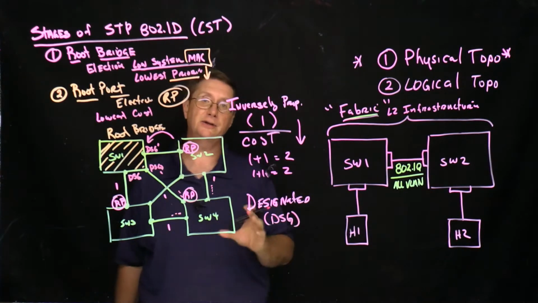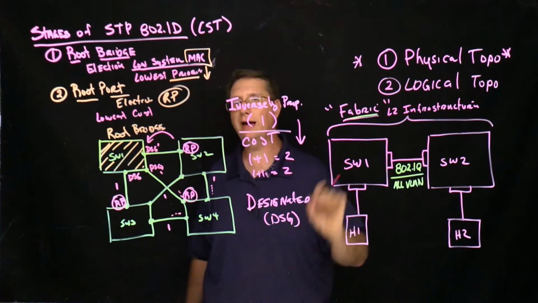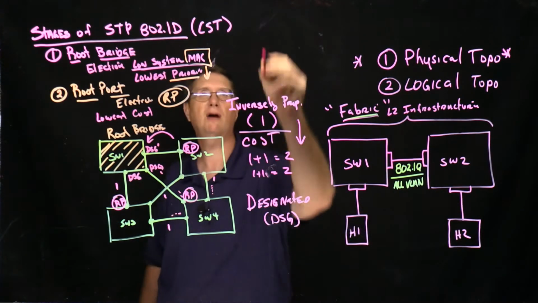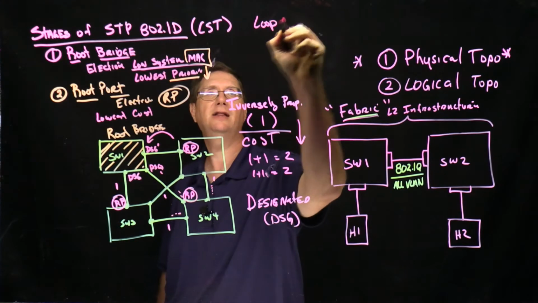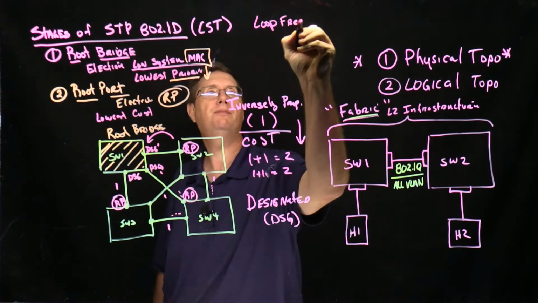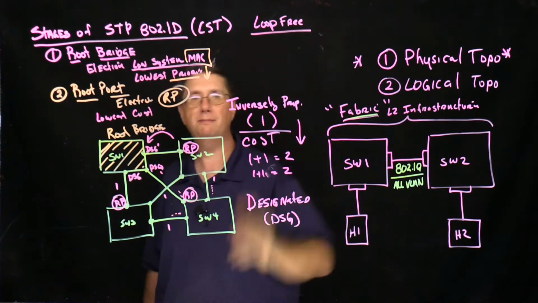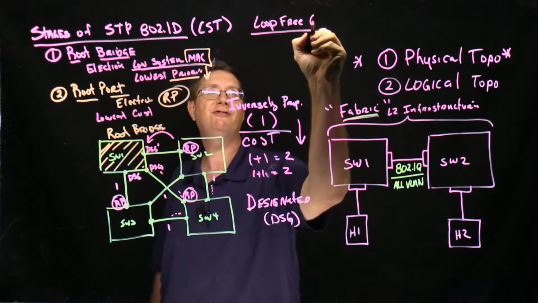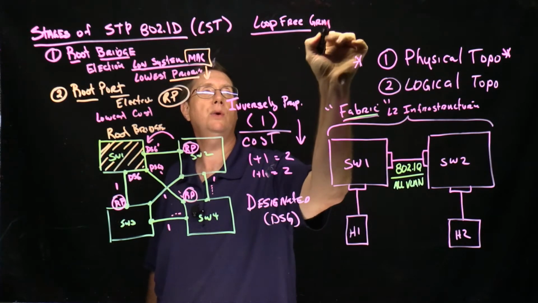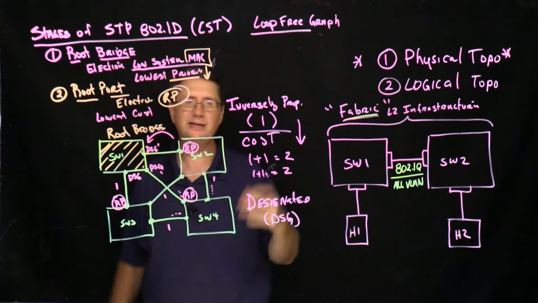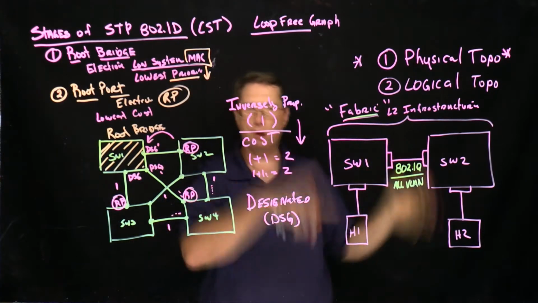Now what we see here is the beginning of the creation of what I call the loop-free computational graph. The important thing to keep in mind is this graph is going to allow me to build a tree. That's why we call this spanning tree protocol.